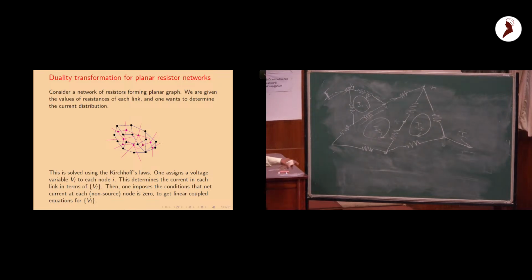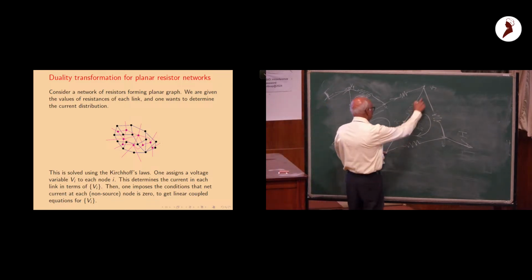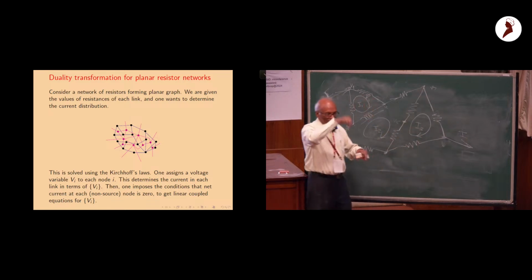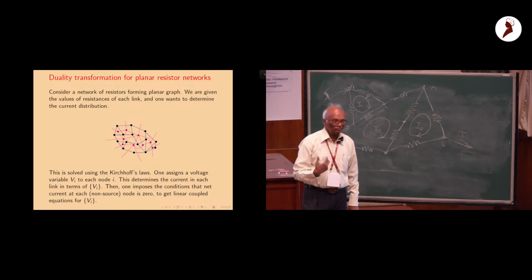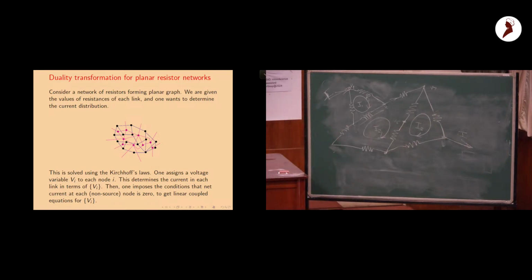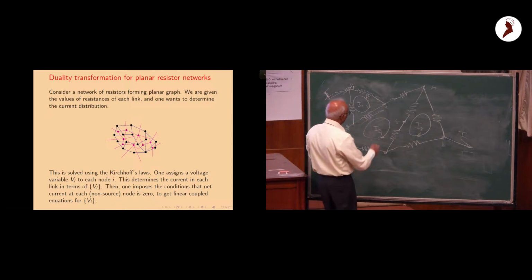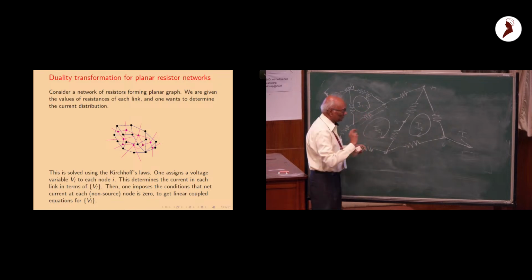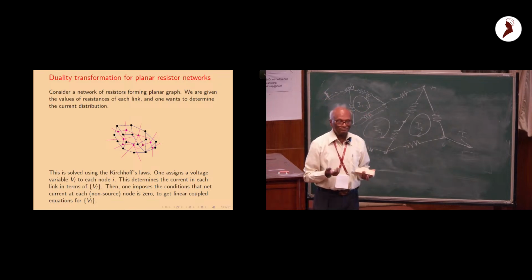The current in this element is the sum of the loop currents. So from here to here the current will be I2 minus I3. I suspect this is familiar to you, but I am still trying to ensure it is familiar to everybody. So you write all the currents in elements as the linear sum of loop currents.